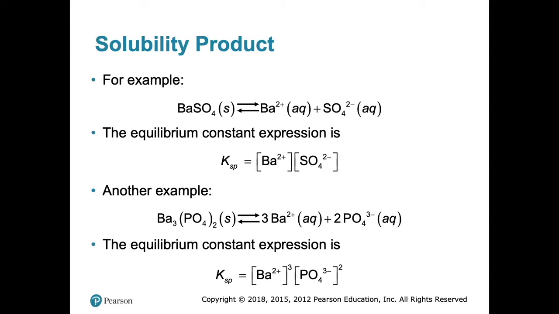So of course, this 3 and this 2 for those 2 ions become the exponents in the equilibrium expression. So now Ksp equals Ba to the third, and then PO4 to the second, right? So it's the same thing as it was with chemical equilibria and acid-base equilibria. The coefficients become the exponents, right?